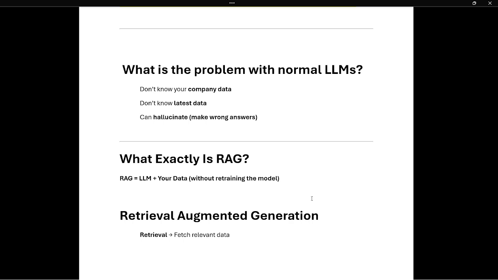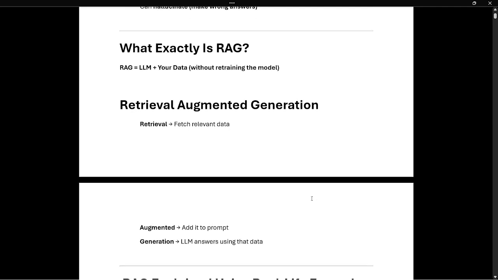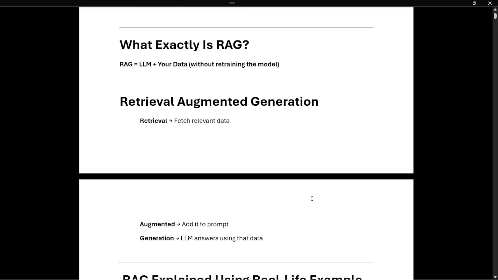On top of it you add your data without retraining the model. In older approaches, for something domain specific you had to train your model, but in RAG you have the LLM and your data, that's it. Retrieval means fetching relevant data, augmented means adding it to the prompt, and generation means the LLM answers using the data.